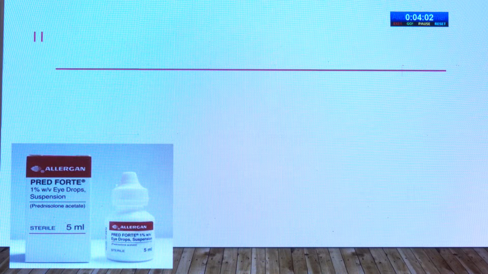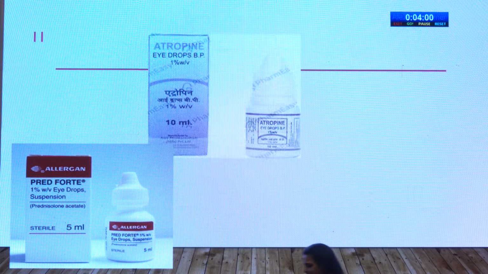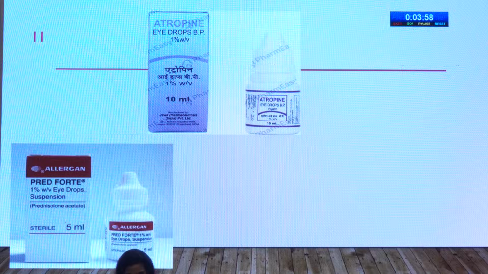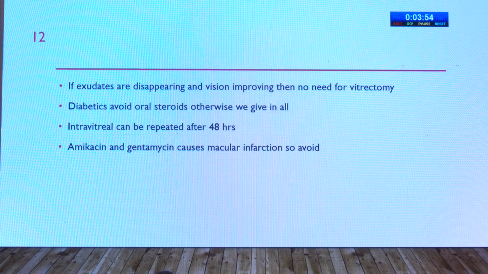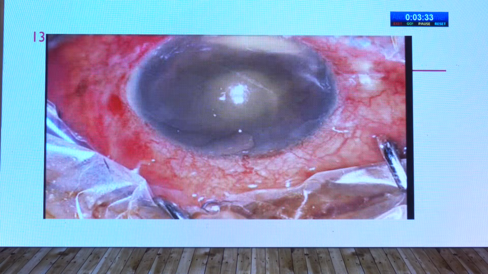Along with that, we put the patient on topical steroids, atropine, cycloplegics, and oral steroids also. If the exudates are disappearing and the vision is improving, then there is no need for vitrectomy. In diabetics, we generally avoid oral steroids. Intravitreal injection can be repeated after 48 hours. Amikacin and gentamicin are generally not preferable because they can cause macular infarction.